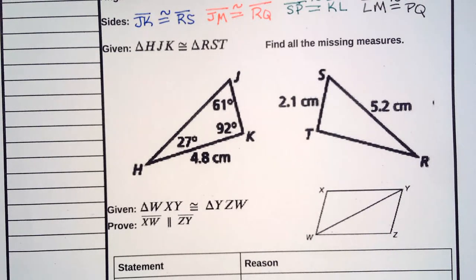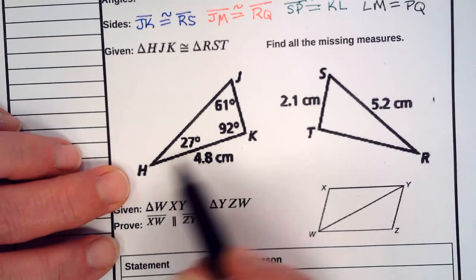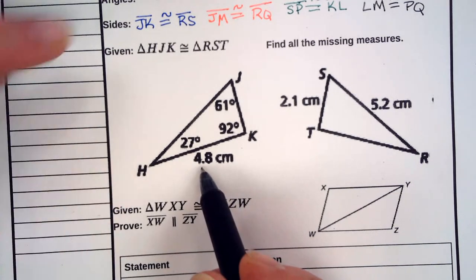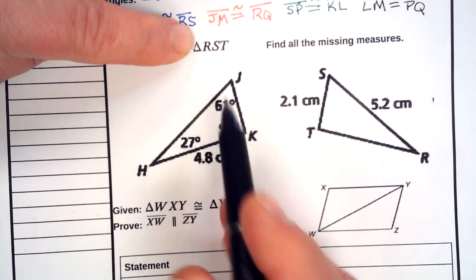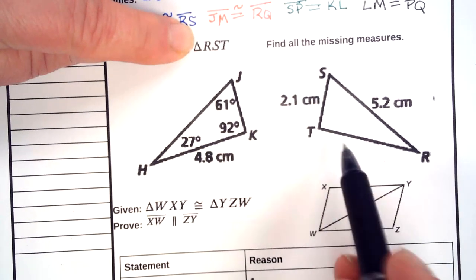Okay, so on the next one, we're just looking and thinking. Given triangle HJK is congruent to triangle RST, find all the missing measures. So, do you want to do the angles first, or do you want to do the segments first? The segments might actually be easier. So, HK is 4.8. HK is first and last. RT is first and last.